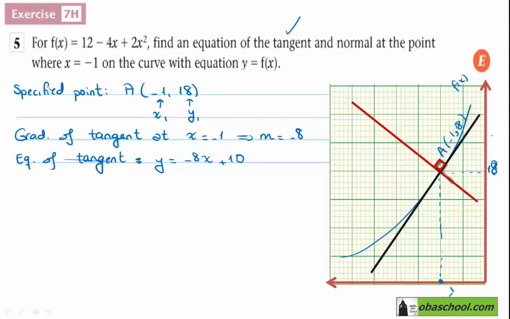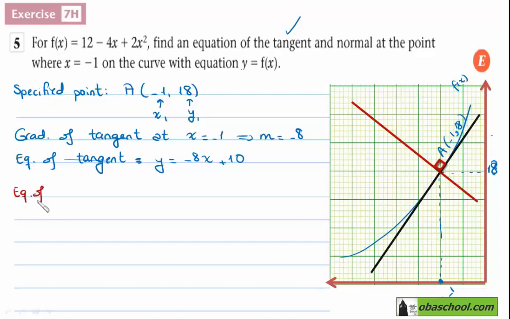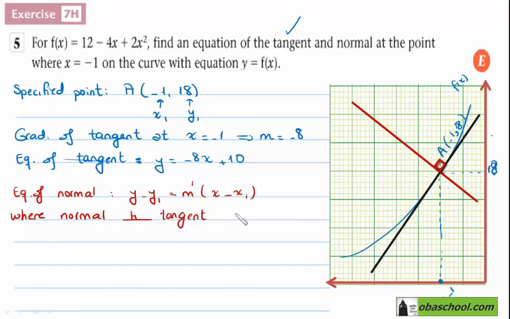So now we can say that the equation of the normal is y minus y1 equal to m multiplied by x minus x1, but m now is not the same m as previously, so we write it m prime, so we know it's the gradient for the normal, where the normal is perpendicular to the tangent, and this means that m prime is going to equal minus 1 over m, and this is the property of perpendicular lines.